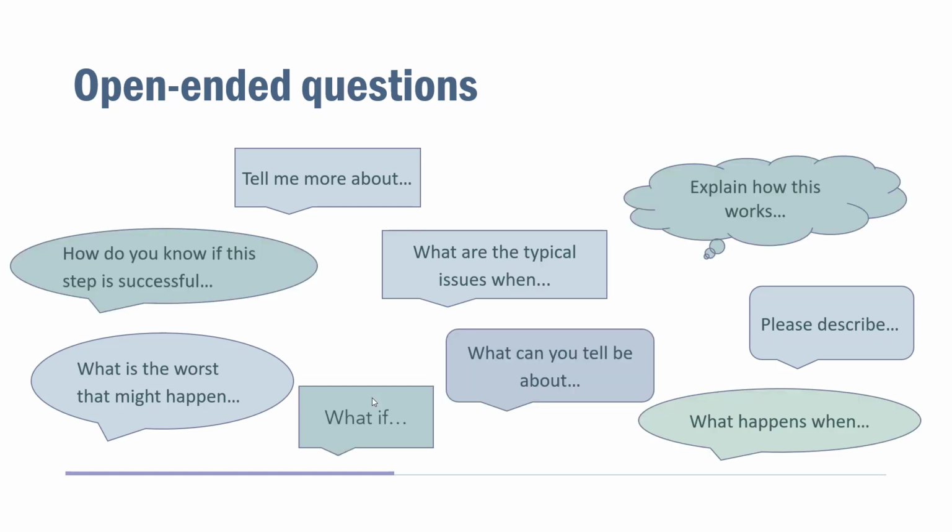Explain how this works. What are the typical issues? What happens when? What is the worst thing that might happen? So you always are trying just to ask them to tell you about how something works without really pointing them to a certain answer. A rule of thumb is that open-ended questions cannot have a yes or no answer. That's a closed question, right?